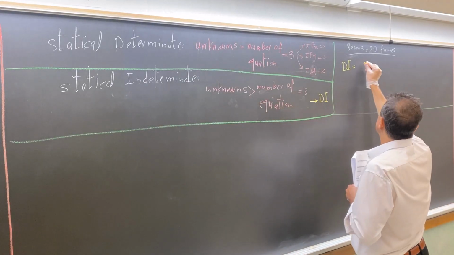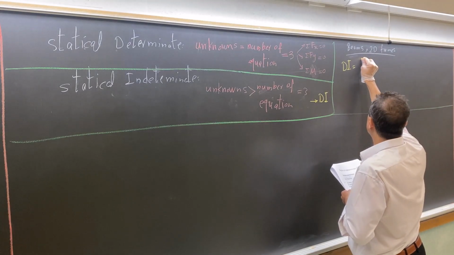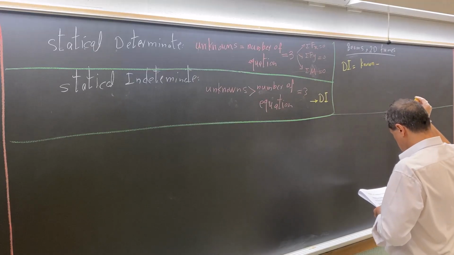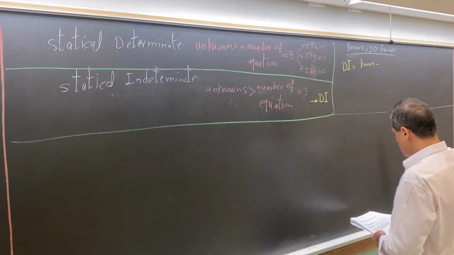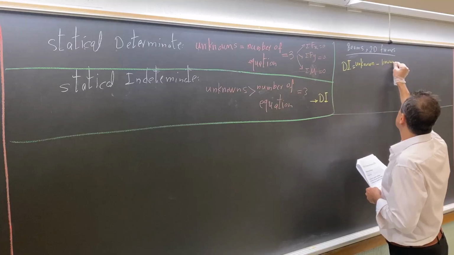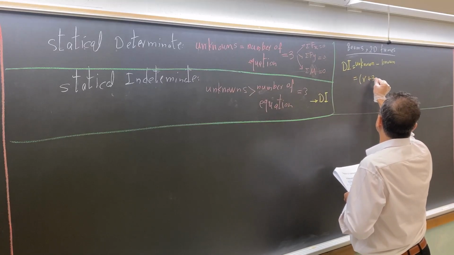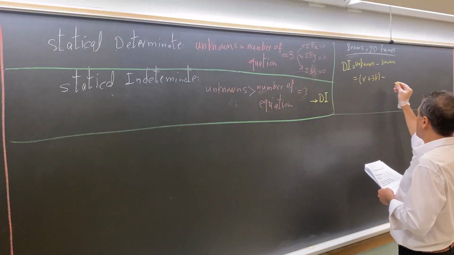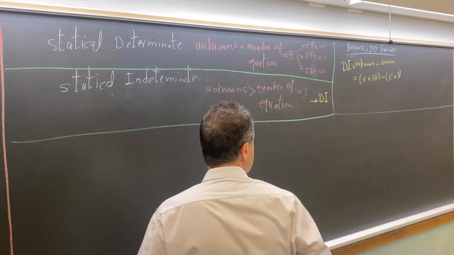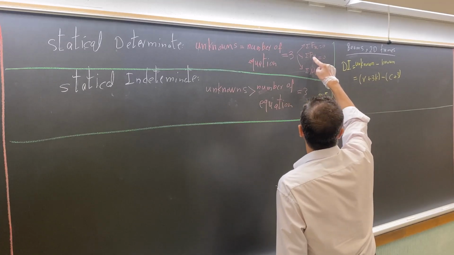I write here: unknown minus known. In general, DI = (r + 3k) - (c + 3). 3 is the number of equations that we always have: 1, 2, 3.